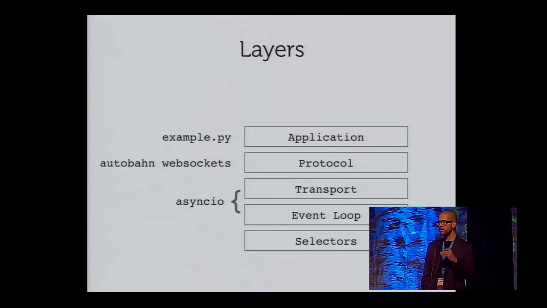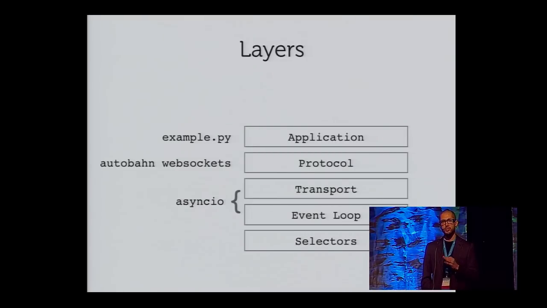Now, beneath the transport is the event loop, and that's where we're going to be spending most of our time. The event loop finds out about events and dispatches the events to event handlers, which are callbacks. And the bottommost layer beneath the event loop is the selectors module. So just like Async IO, the selectors module is a new module in the Python 3.4 standard library.